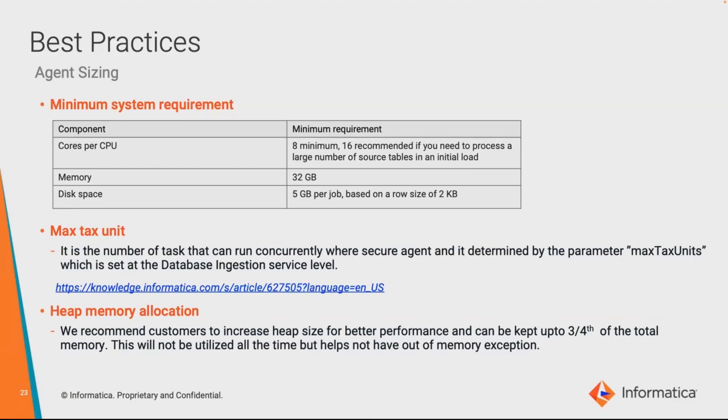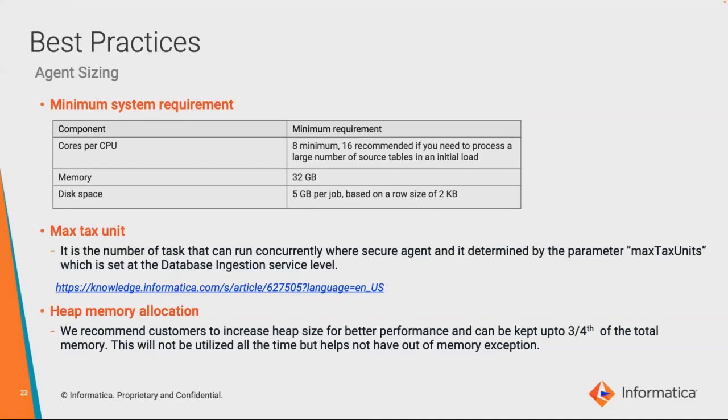Specifically, users can look at some of these configurations which are listed over here. Then max task unit is again one important property. This is the maximum number of tasks which can run concurrently when the secure agent is up and running. So this property is determined at a service level, and the DBMI service eventually helps you set this property.